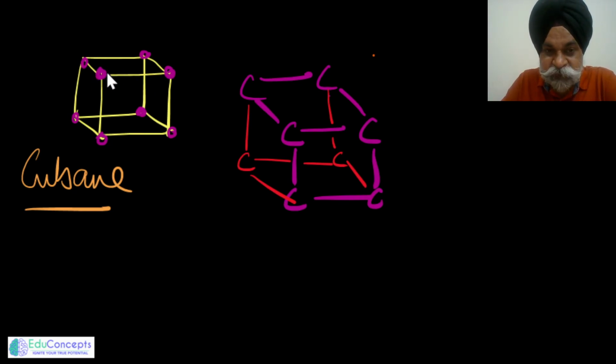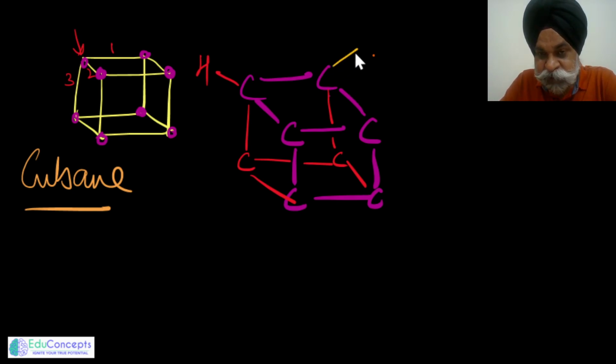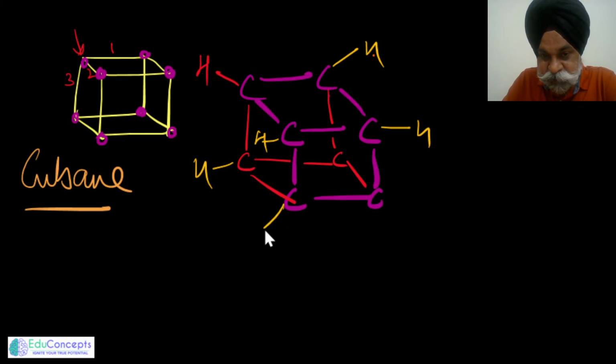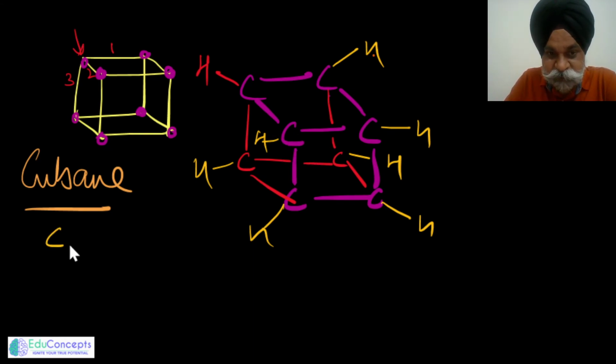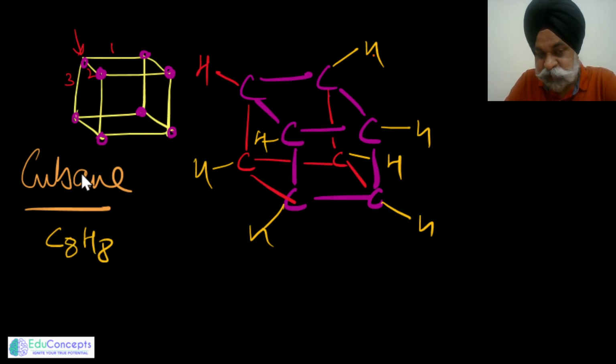Because every carbon is bonded to 3 carbons. If you can see 1, 2, 3, I'm showing you this one. So there is 1 hydrogen available here. Similarly, on every corner you have 1 hydrogen, isn't it? This particular molecule I will take up in the next session also. So in a way, this is C8H8, a very popular compound which we call cubane.